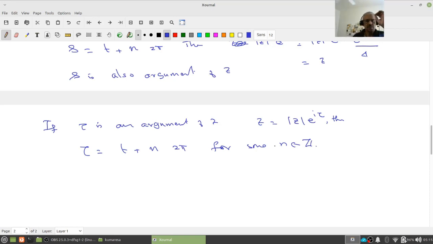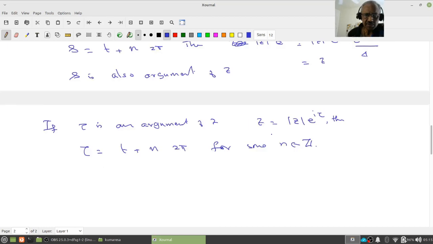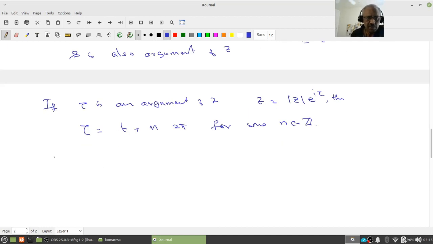Therefore, for a given complex number, one can ask how many arguments are there? There could be infinitely many arguments. That's why argument is called a multivalued function.